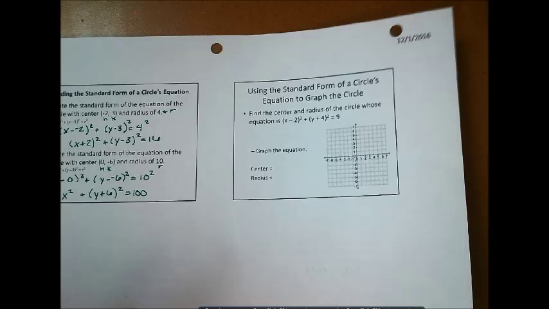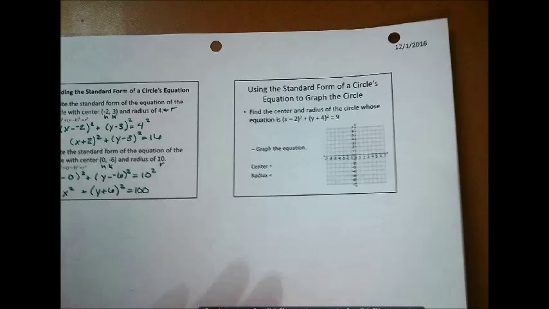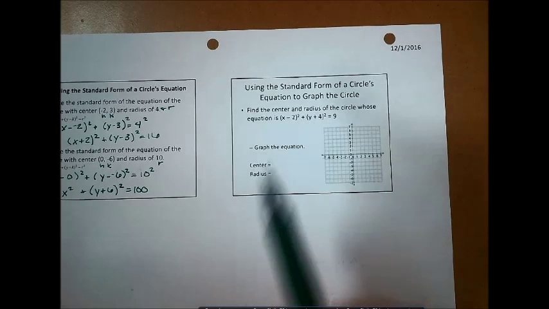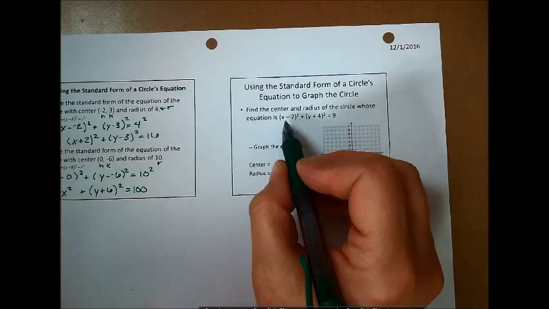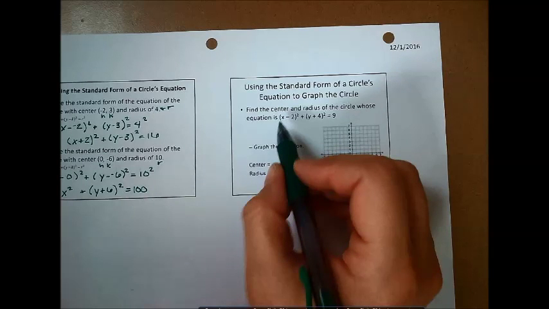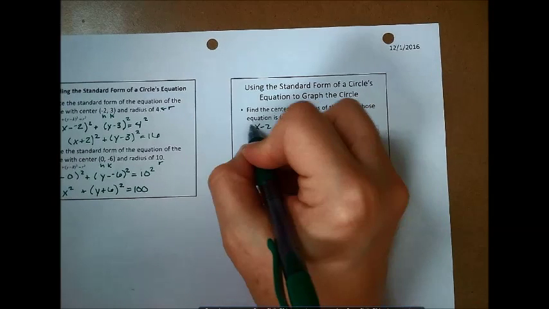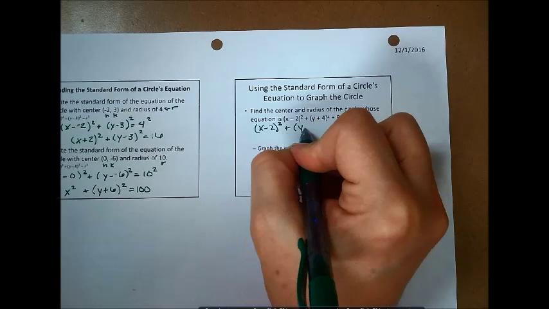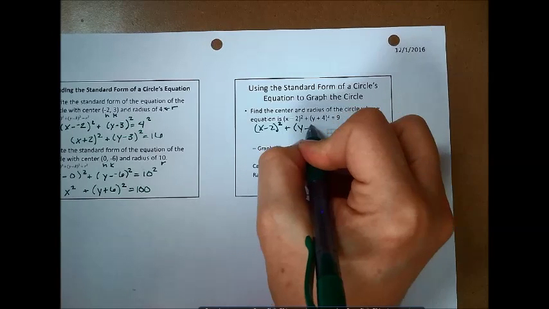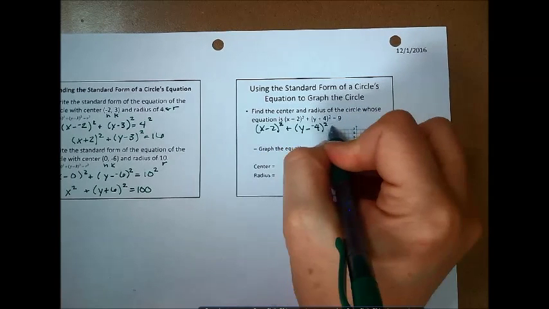Some of your questions on your homework will give you the standard form equation, and you'll have to graph it. So you'll have to say, this is (x minus 2) squared plus (y minus negative 4) squared equals 3 squared.